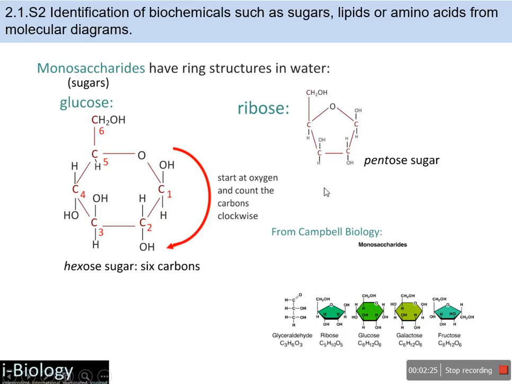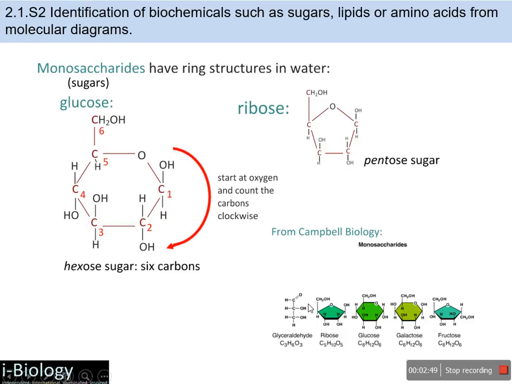Now, you may have come across ribose before, because it's the sugar that we find in DNA. So deoxyribonucleic acid. Deoxyribose is a little bit similar, but it's got 1 less oxygen in it than ribose sugar, but otherwise it's absolutely the same.